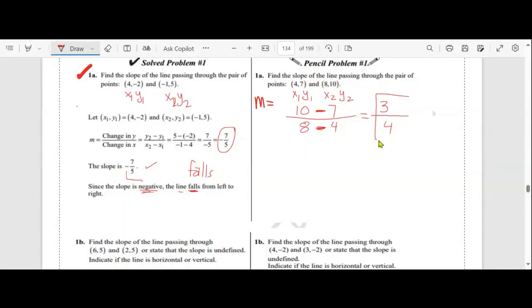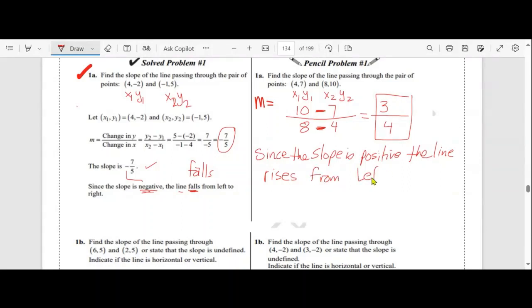So if it's positive, then we're going to say: since the slope is positive, the line rises from left to right.